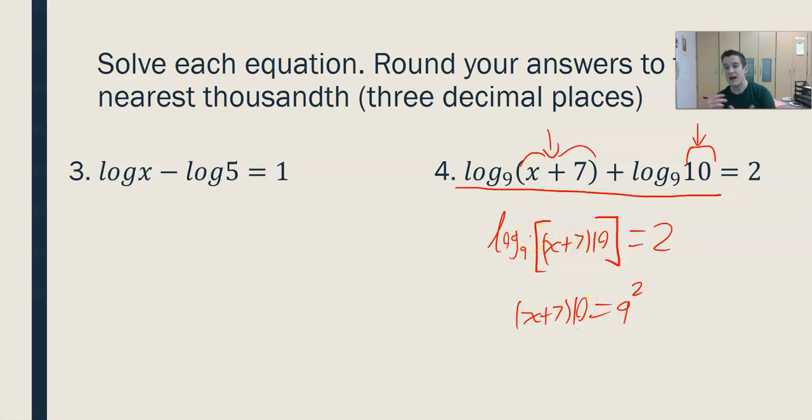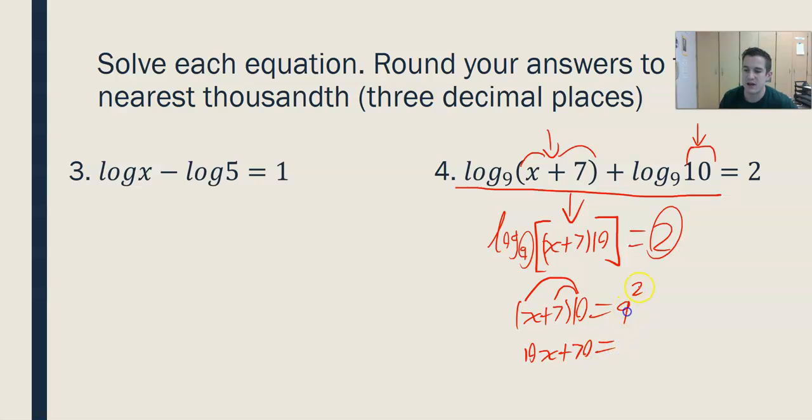So I'm going to convert that. I just converted it to an exponential expression. 9 to the second power is equal to this right here. Well, now, I don't even have any logarithms anymore. I can just simplify and solve for x here. So I'm going to distribute 10 into both of the elements of this parentheses and get 10x plus 70 on this side.